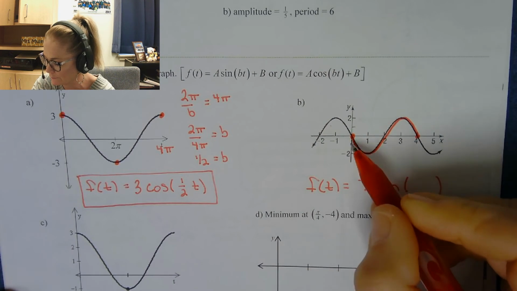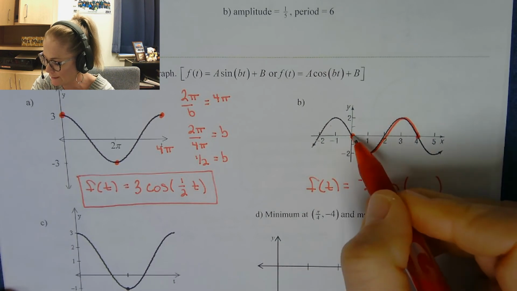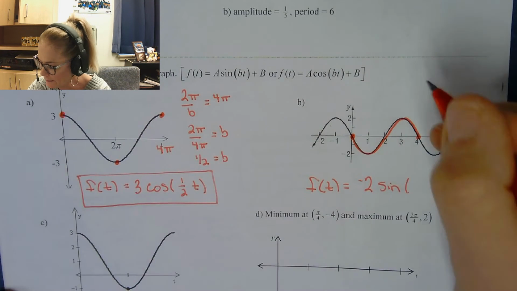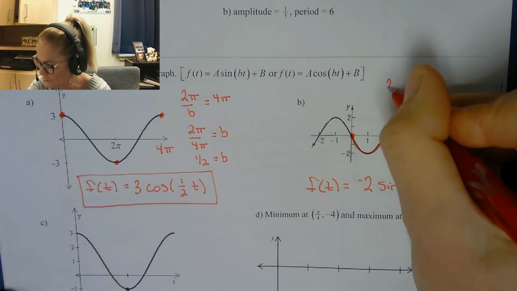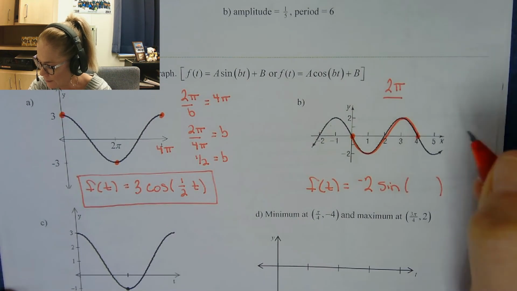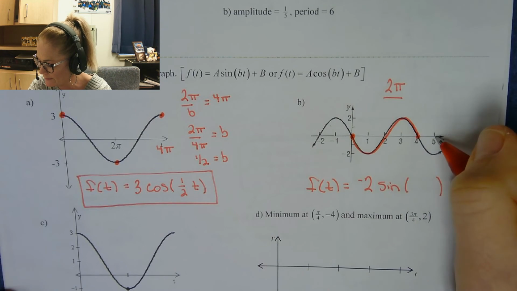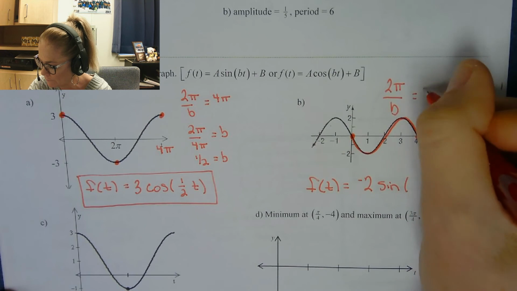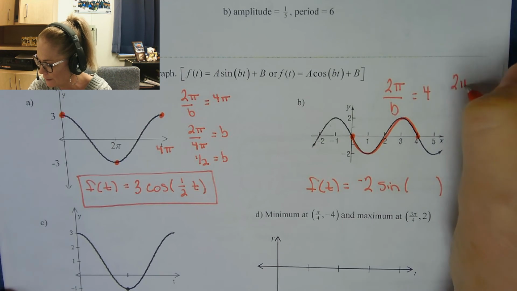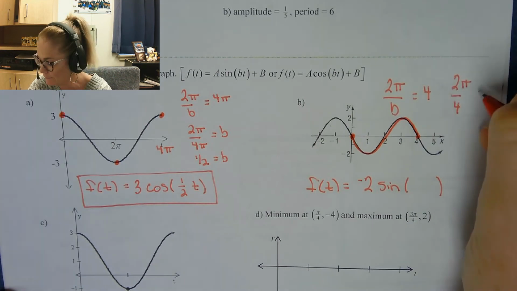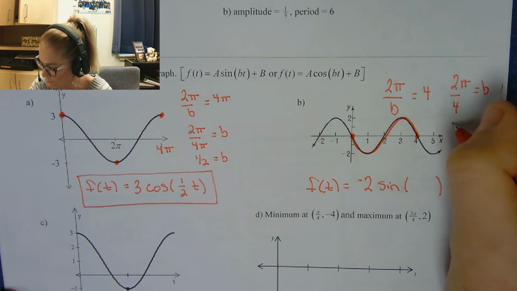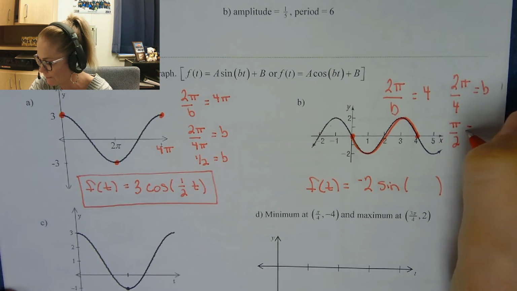No vertical shift because the start is right in line here, right in line here, and this 2 pi over period here is 4. Be careful not to grab this 5. You want to go from one complete cycle, and that's 4. That's 2 pi over 4. Switch. 2 pi over 4 is b, and so b value here is pi over 2.